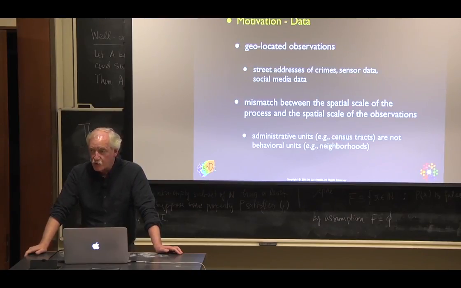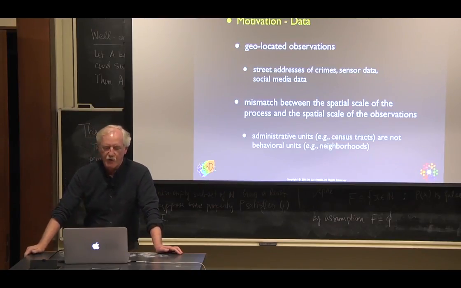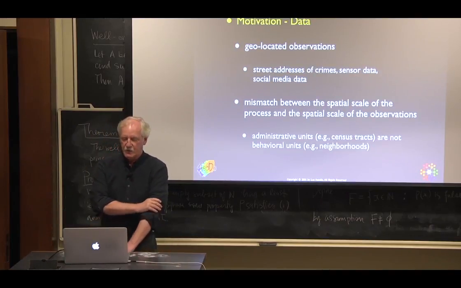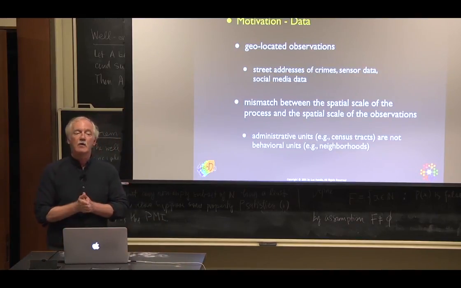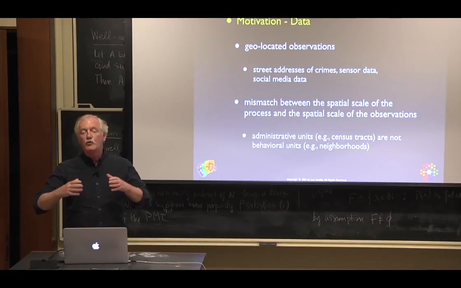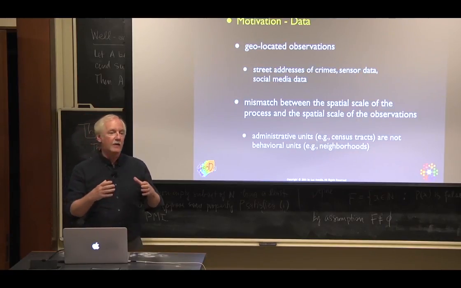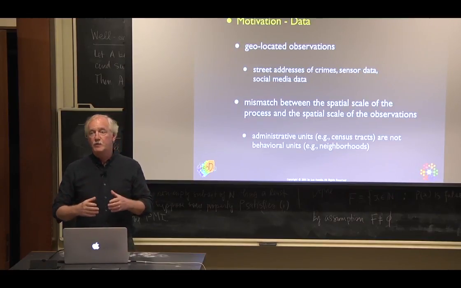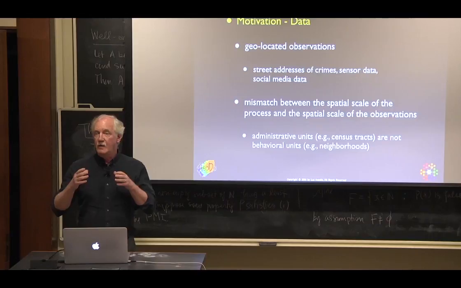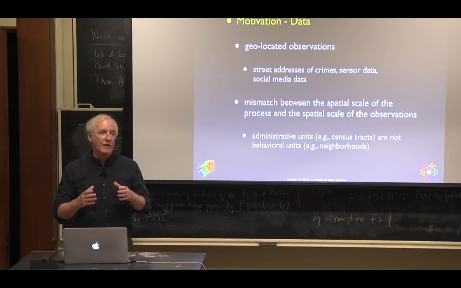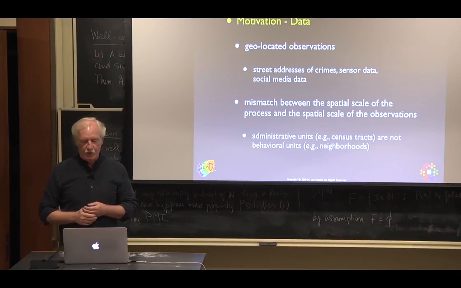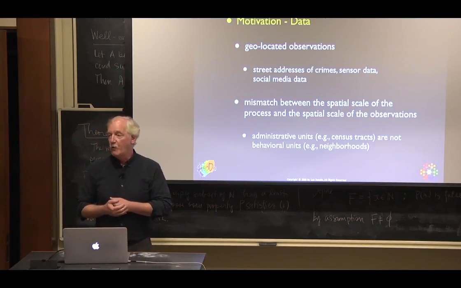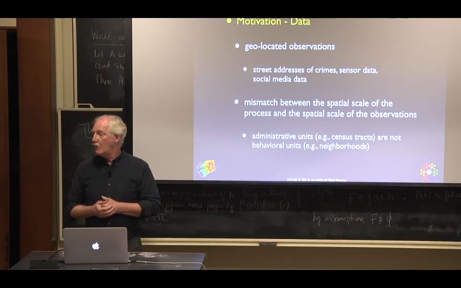Another motivation for doing spatial data analysis is that very often, and in fact this is the rule rather than the exception, the cookie cutter, so to speak, the scale at which we measure social phenomena tends to be administrative units. And they almost never match the spatial imprint, the spatial scale of the processes that we're actually studying. For example, census tracts are often used as proxies for the concept of a neighborhood.